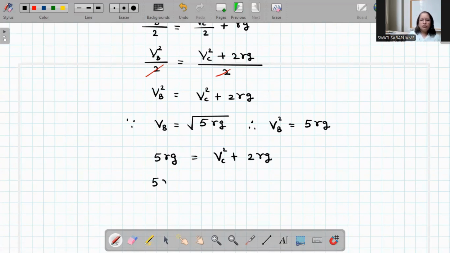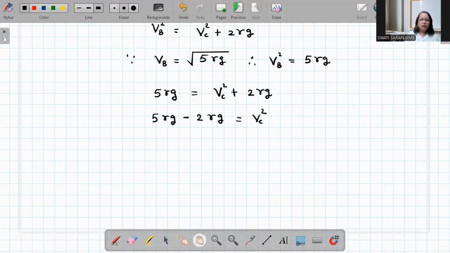Now, just rearrange the equation, 5RG minus 2RG, which gives us 3RG is equal to VC square. Our interest is to find the speed and not the square, so taking the square root on both sides, we have VC is equal to under root 3RG.